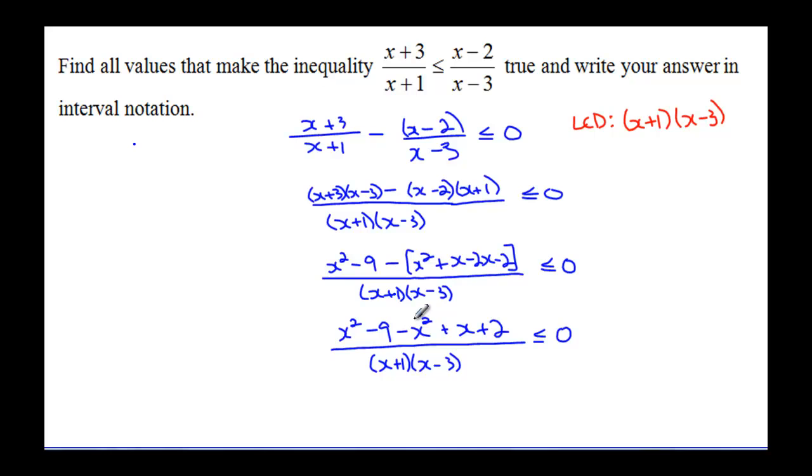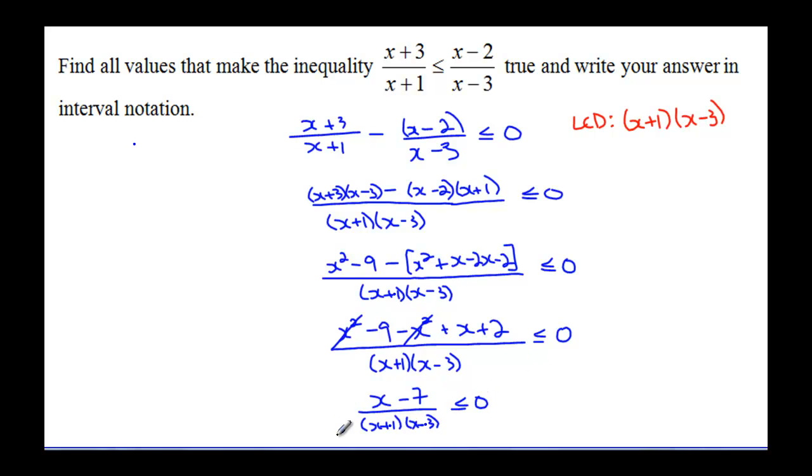Let's see if we can simplify this numerator further. The x squareds will cancel out, that's kind of nice. We're going to end up with x, and then we have minus 9 plus 2, so x minus 7 over x plus 1 and x minus 3, just less than or equal to 0.